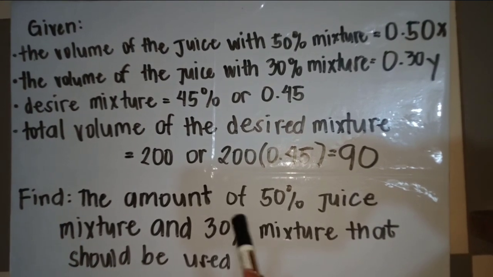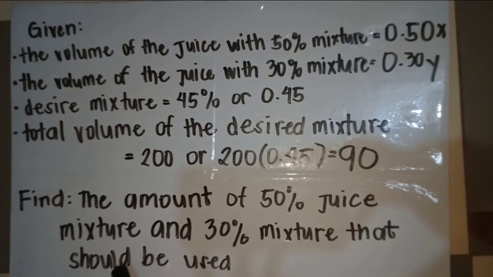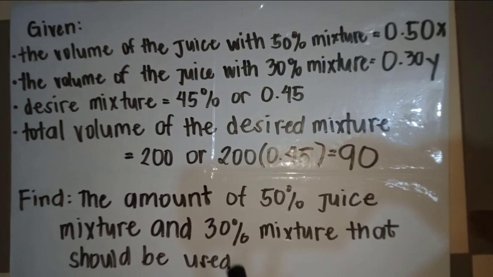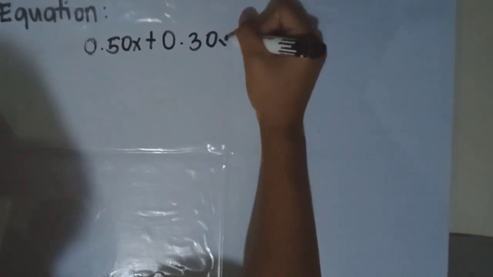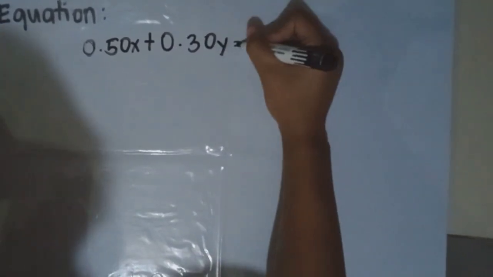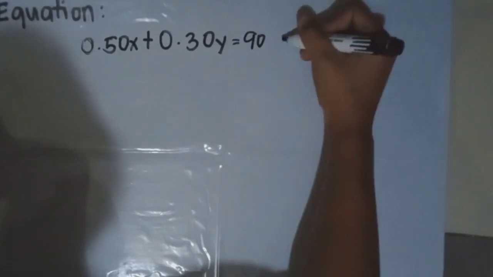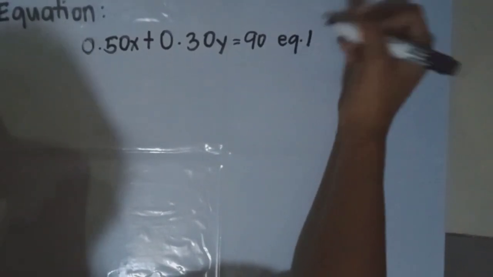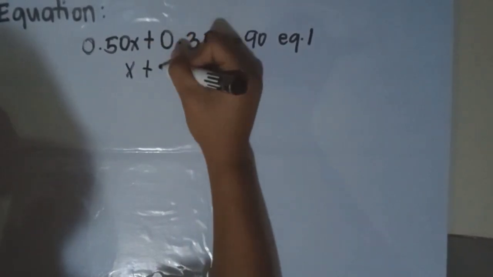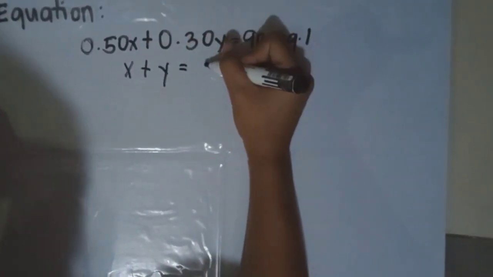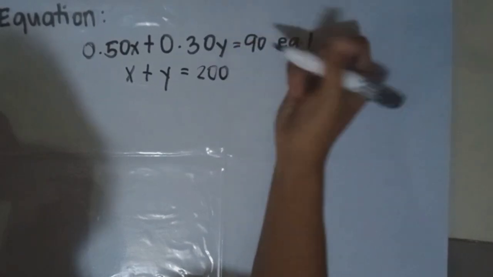Find the amount of 50% juice mixture and 30% mixture that should be used. Our equation is 0.50x plus 0.30y equals 90. This is equation 1. And x plus y equals 200. This is equation 2.